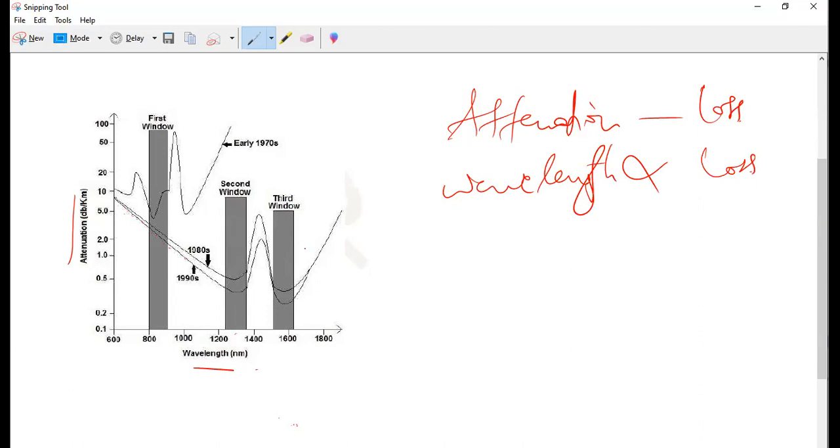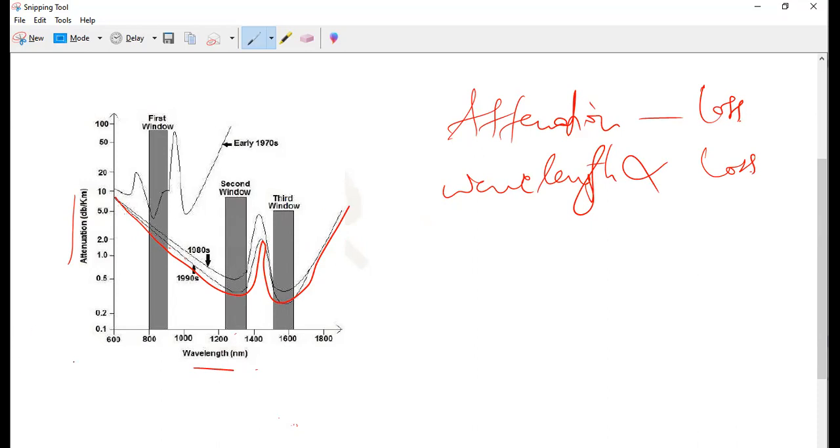Looking at loss, attenuation here describes a number of curves, from where attenuation is high to where attenuation is low. Where is the attenuation low?